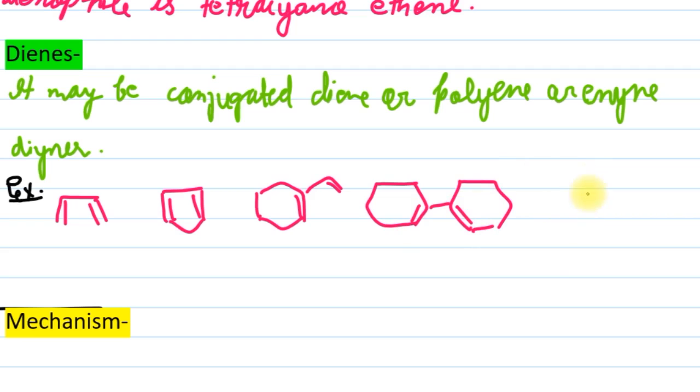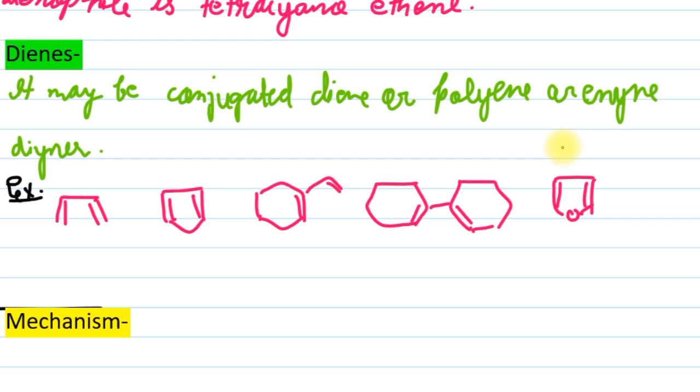And another is furan. This is a heterocyclic compound and is used as a diene.